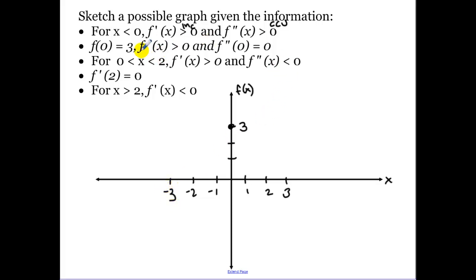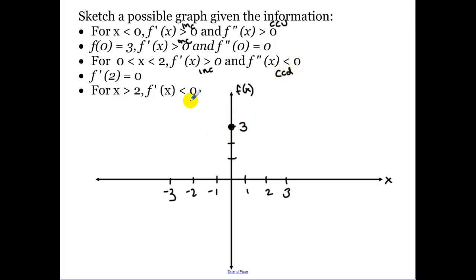Okay, now for f of 0 is 3, I put that point in, that's going to be key. I'm still increasing, but my second derivative equals 0, so I might change concavity there. That might be a point where I'm going to change concavity, so I need to keep that in mind. From 0 to 2, we're still increasing because our first derivative is positive, but now we're concave down.